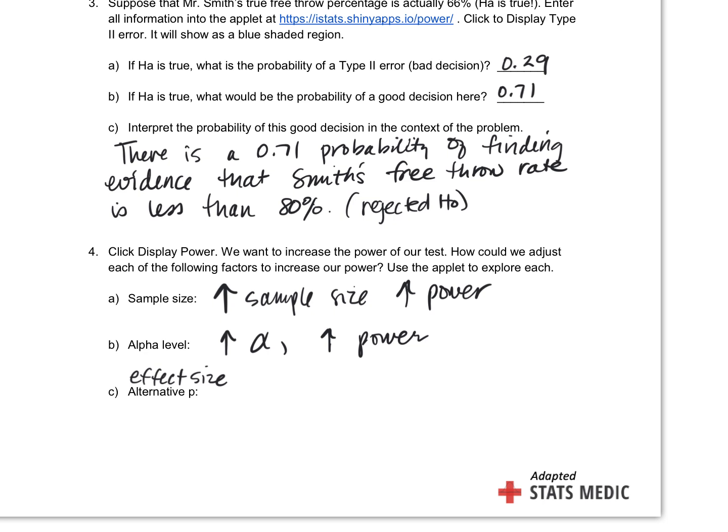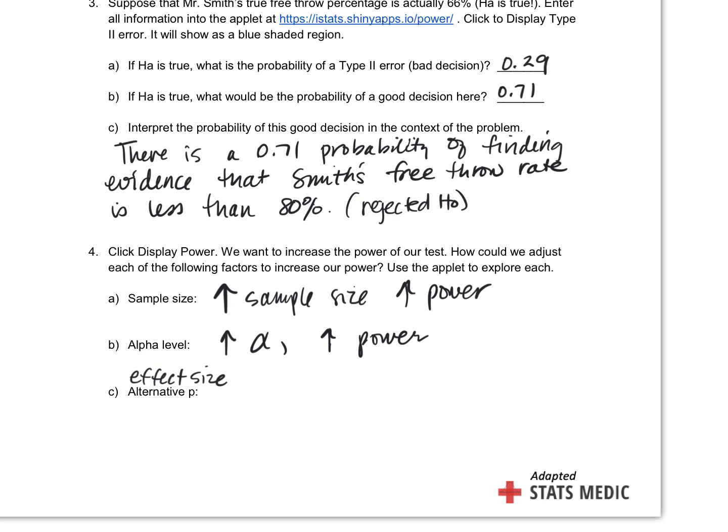It's harder to distinguish the difference when they're really close together, isn't it? Which makes sense. So what if I made his true free throw rate like 30%? It's going to be a real obvious difference. We're not going to screw that up, right? So effect size has to do with what is the reality versus the claim. If there's a big difference, then your power is going to go up. You're going to be able to tell that difference. But if it's really close, then there's a chance you might miss it, right? Kind of makes sense.